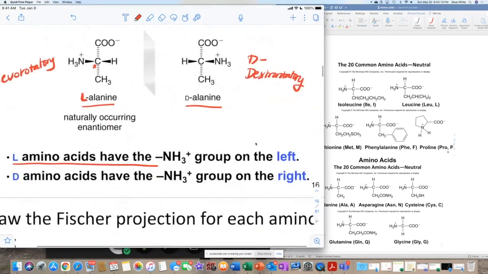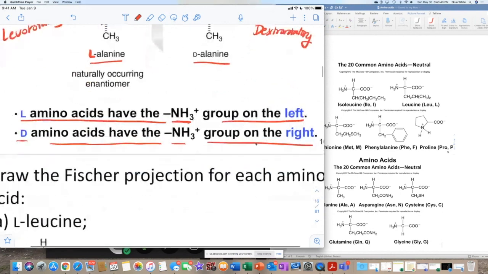Once again, those names have to do with the direction in which these chemicals rotate plane polarized light. So L amino acids have the amino group on the left. D amino acids have the amino group on the right.